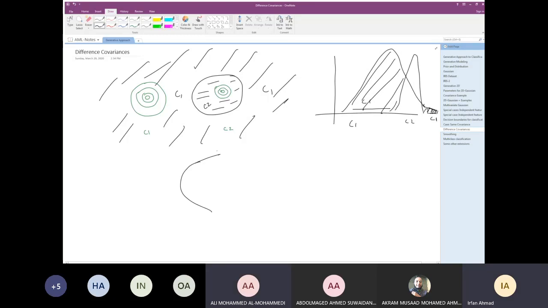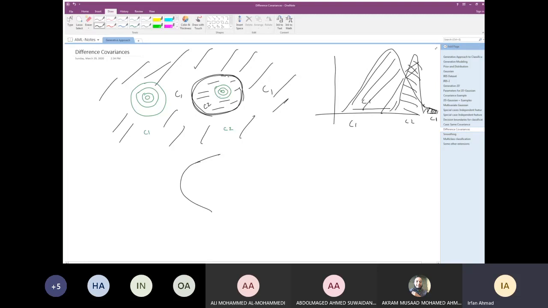What is the condition here? The condition is, of course, that both covariances are not the same, and one is more spread, one has higher variance than the other. C2 is the narrow one. So its decision boundary is quadratic, and because C1 is more spread, even the opposite side is the same class.